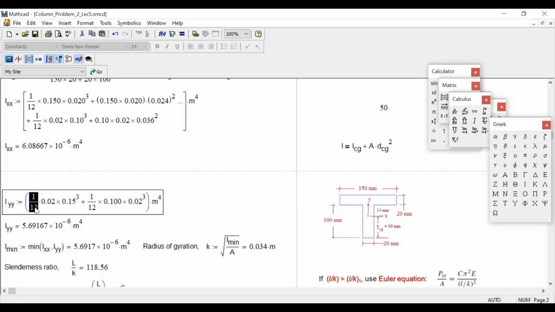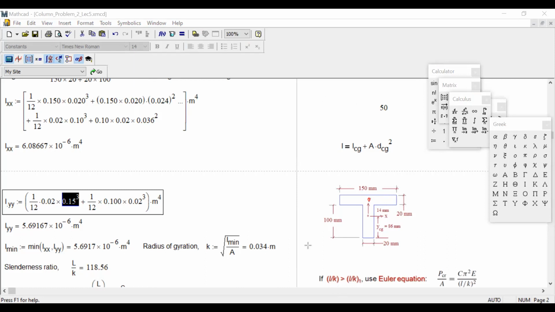Here it is 1 by 12. What is the B? 20. What is the H? 150. Okay. Then plus AD square, because this is given with respect to this point, right? So we are figuring out IYY.